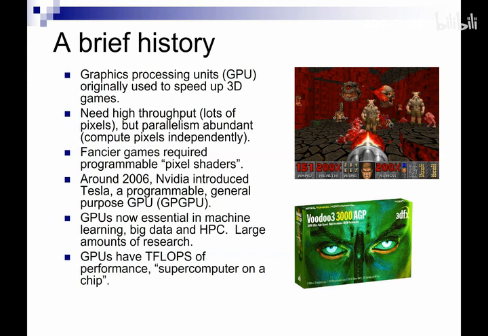So the CUDA language makes it much easier for you to write general purpose code on GPUs. Okay, so since about 2006, GPUs have really taken off, and now they're basically an essential part of modern computing.